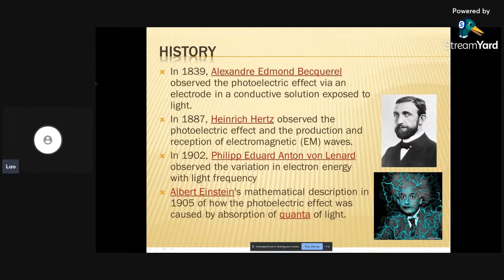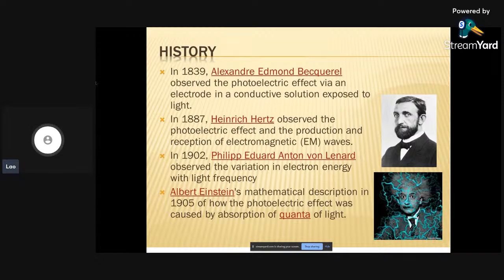So yung makikita natin to ngayon usually sa mga solar panel. So we do have here Heinrich Hertz, who observed the photoelectric effect in 1887 na, and the production and reception of electromagnetic waves. We have also Philip Edward Anton von Lenard, who observed the variation in electron energy with light frequency.